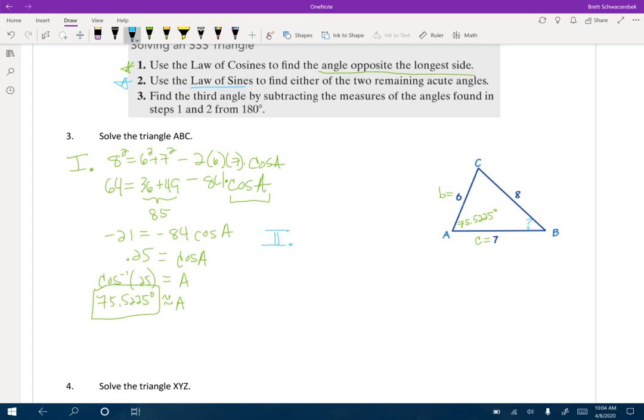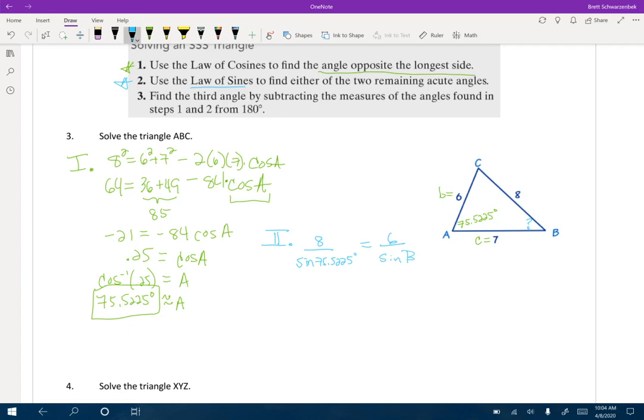So what do we do? We take the information we know of angle A and the side opposite it to form the first important part of our law of sines ratio. Okay, we set that equal to the B's. So our side B is 6, and we don't know the sine of our angle B. So again, cross multiply.